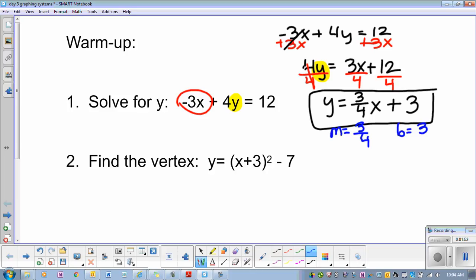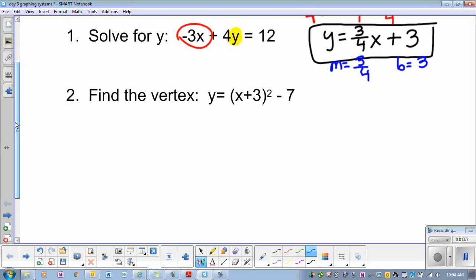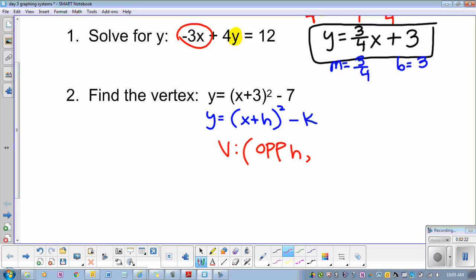Find the vertex. This parabola is already in vertex form, so we can just get the vertex by looking straight at this, or we can graph it. Remember, your vertex is opposite your h, comma, k.